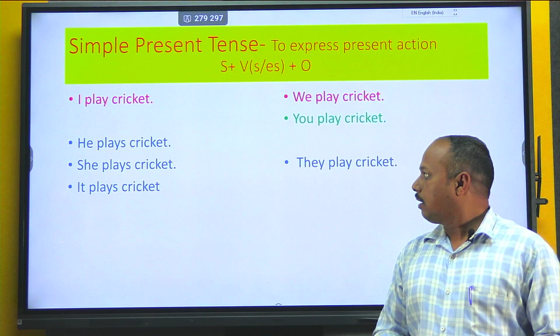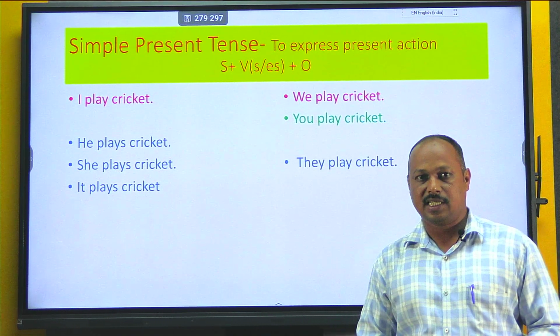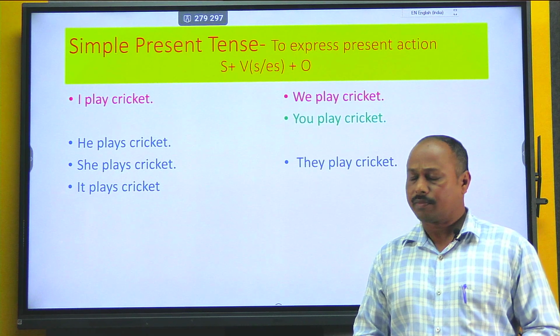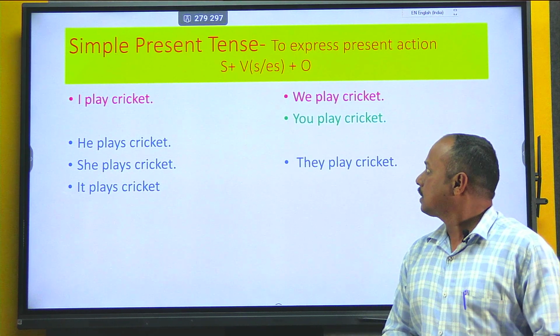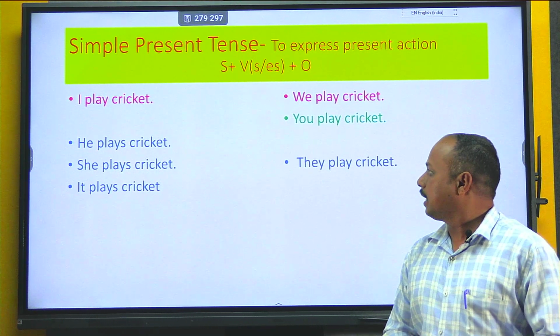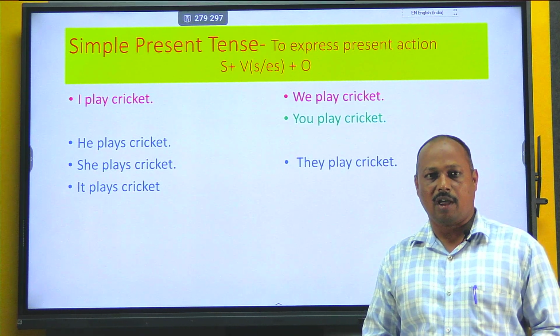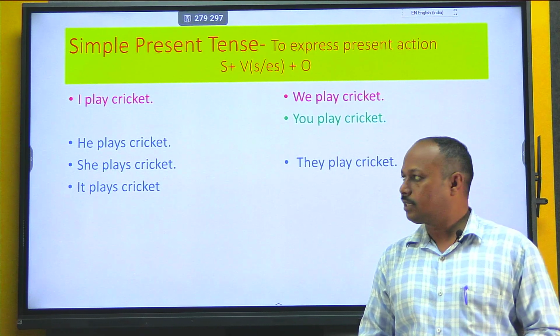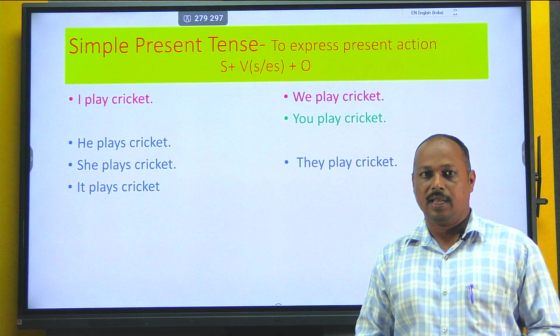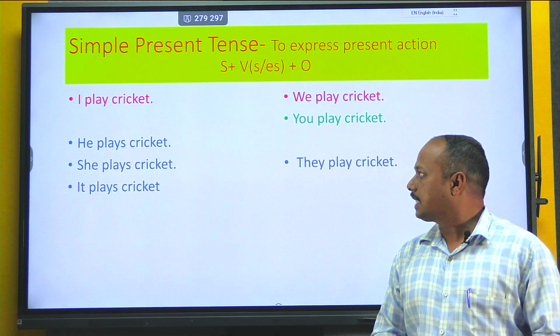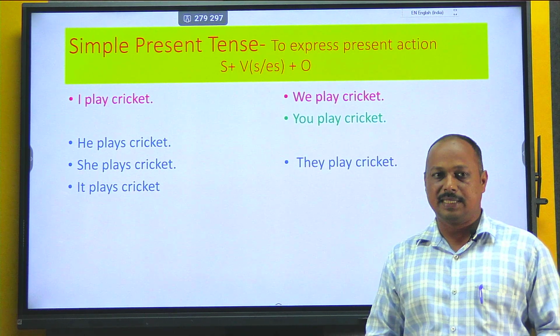There we add s to the verb. According to the rule, subject plus verb plus object, after the third person singular pronoun we add s or es to the verb. This is a very simple example of simple present tense.